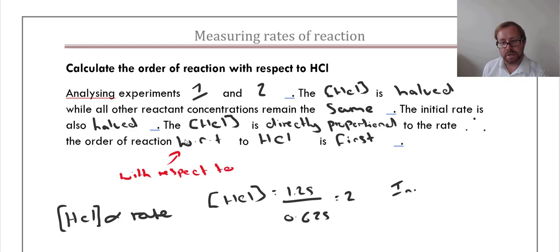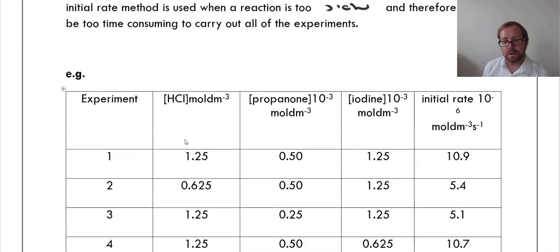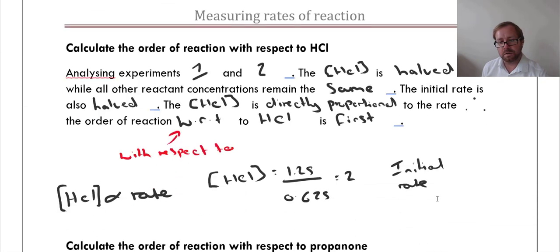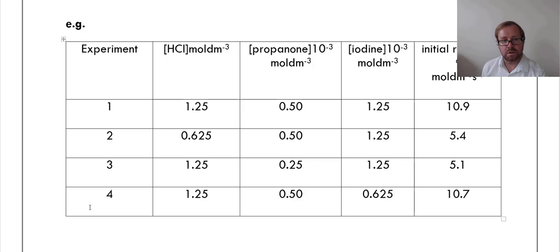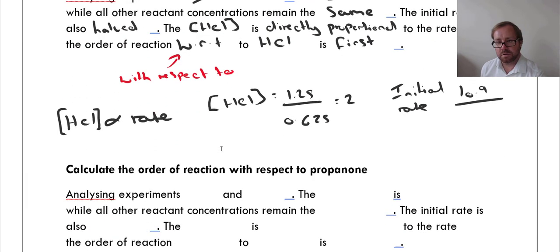And I can also look at my initial rate between these two, which is 10.9 over 5.2, 0.4, which equals 2, or near enough 2.